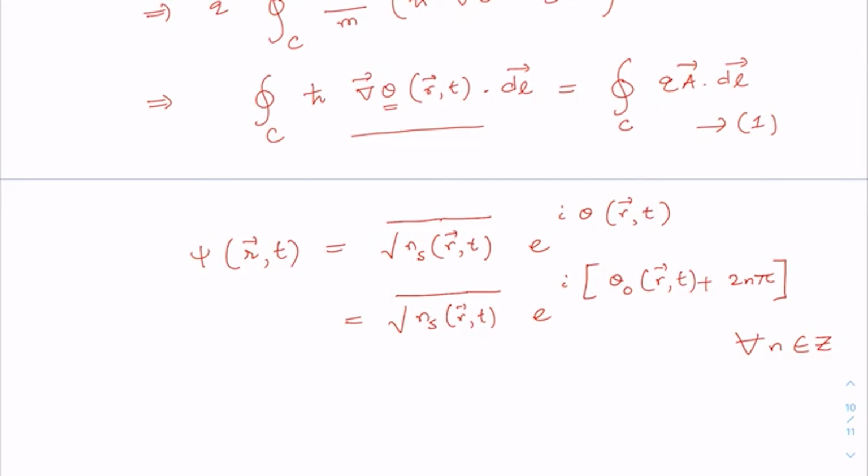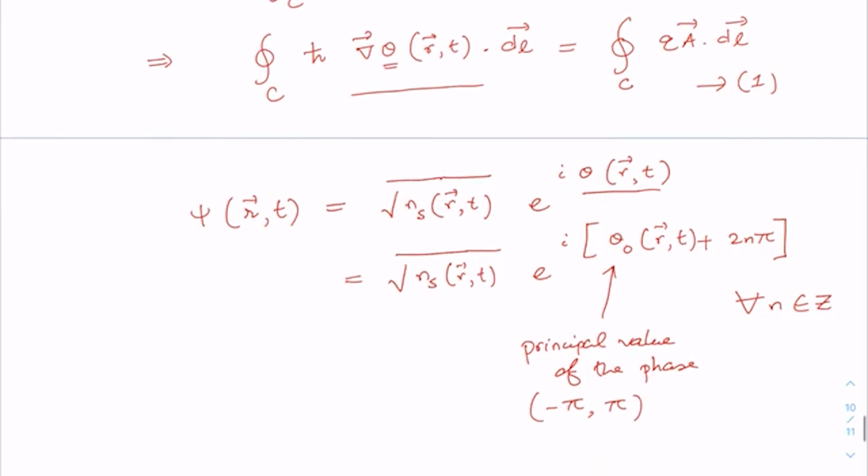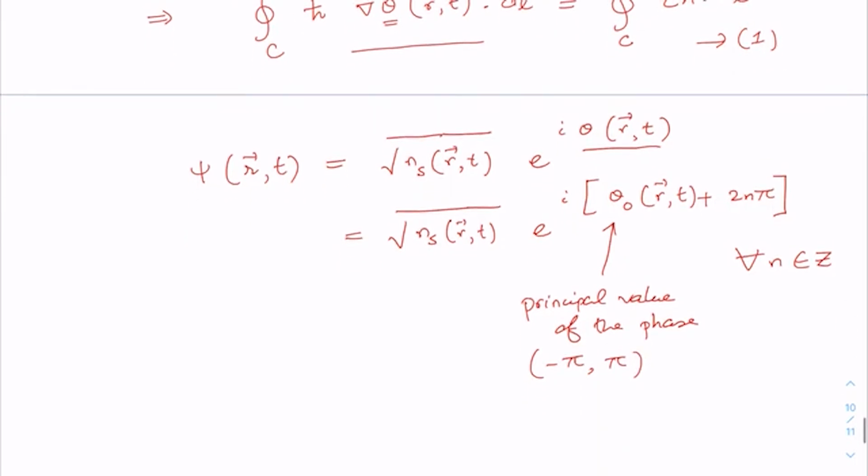Now here theta 0 is the principal value of the phase. So what I mean to say is that this phase factor theta is not well defined, and this theta 0 is the principal value, which lies between minus pi and plus pi. I think you get the idea here.